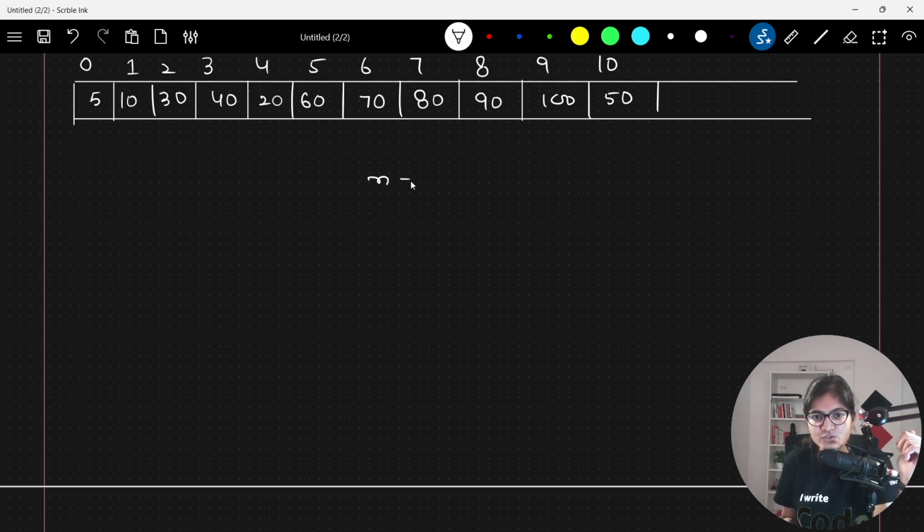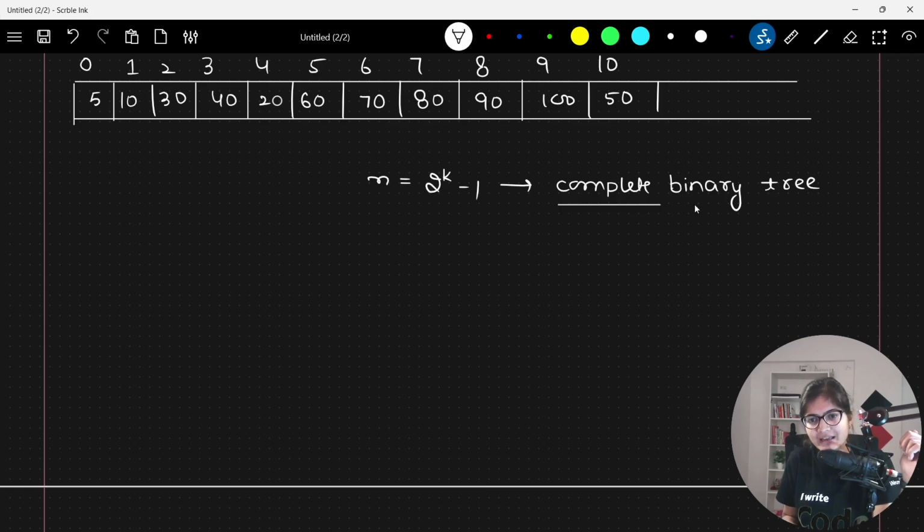That the number of nodes will be equal to 2 to the power k minus 1 for any complete binary tree. And I have shown you also how this relationship is valid. With this relationship, at that point of time we calculated the value of k as well. So here n plus 1 is equal to 2 to the power k.